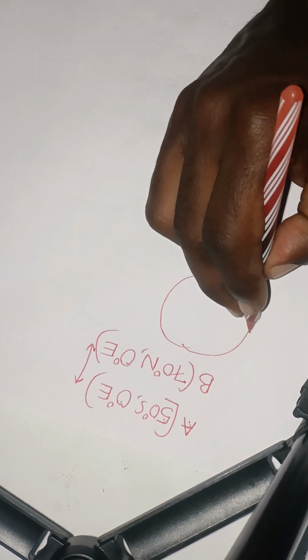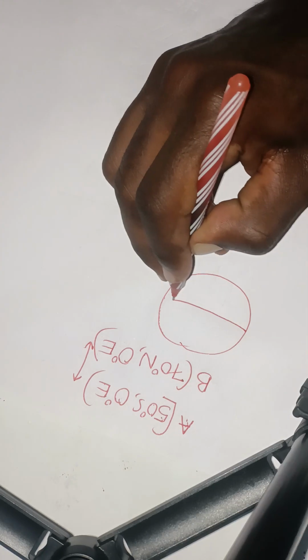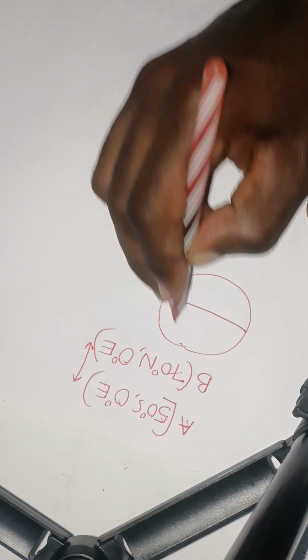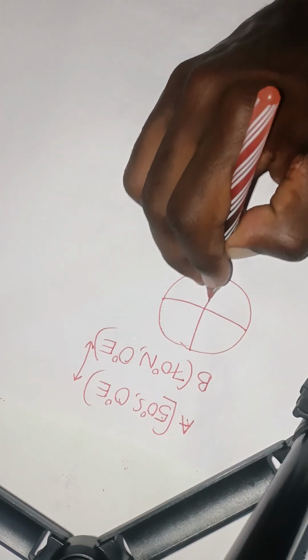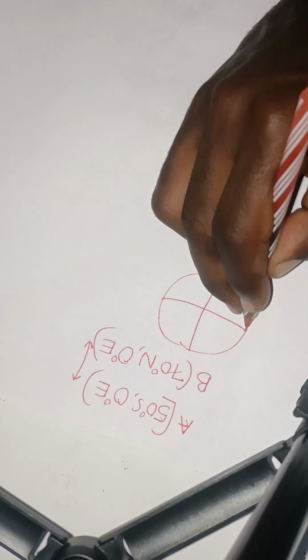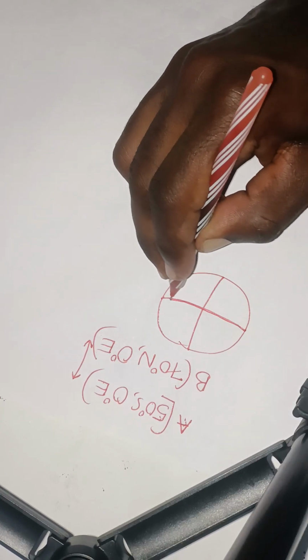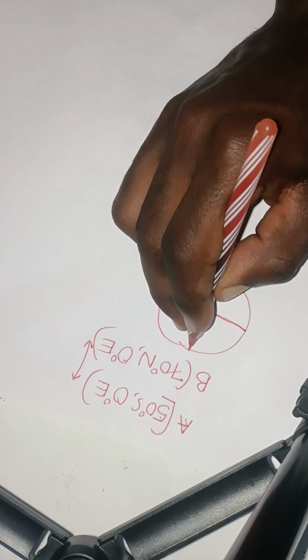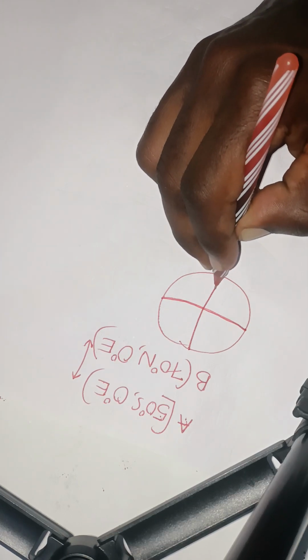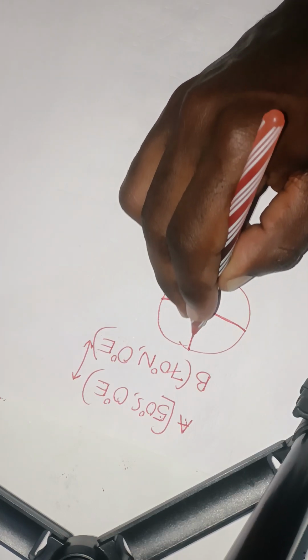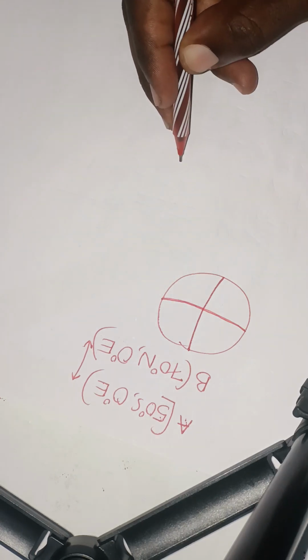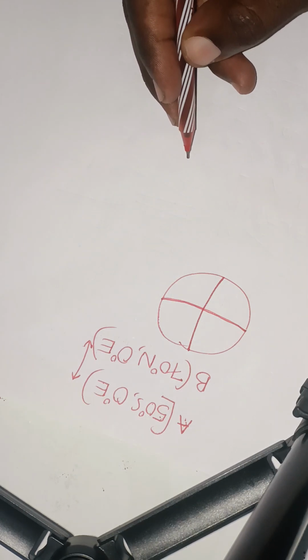So we shall have this as our equator, and this as our prime meridian or Greenwich meridian. The equator divides the globe into 2 equal parts horizontally, and the prime meridian divides the globe into 2 equal parts vertically.